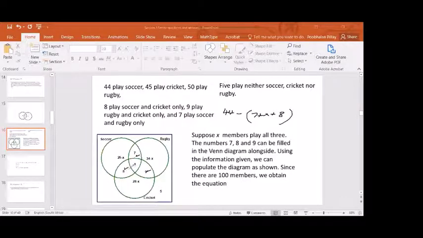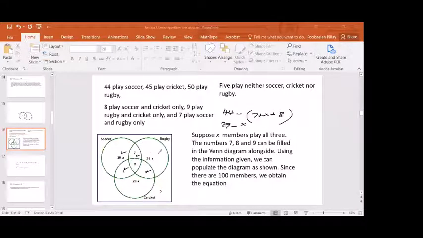So 44 minus 7 minus X minus 8. 7 plus 8 is 15, 44 minus 15 is 29, and then minus X. That's how I got 29 minus X.